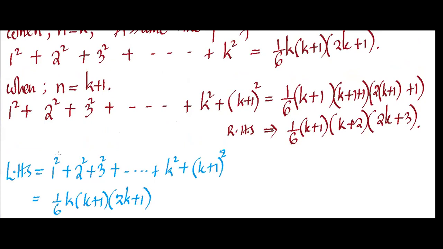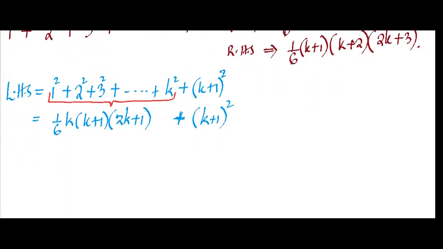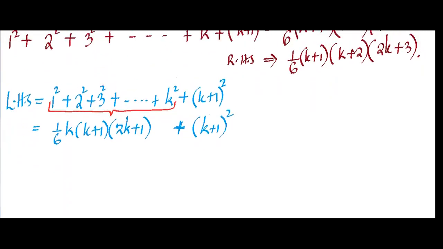That sum ends at k squared, meaning we can't leave the other term at k plus 1 squared. We have to add it on. But our interest is to see that this side balances with our right-hand side.